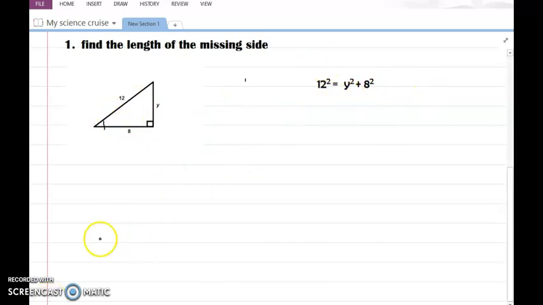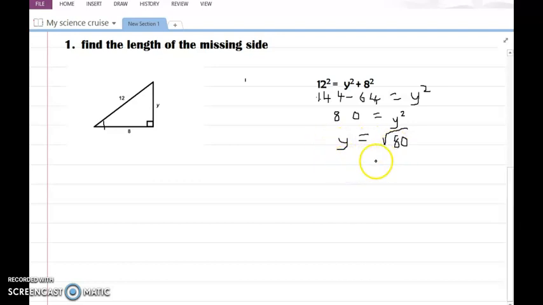Therefore, y squared will be 144 minus 64. 80 is equal to y squared. Therefore, to find the value of y, we'll say y is equal to the square root of 80. According to the calculator, the square root of 80 is 8.944.